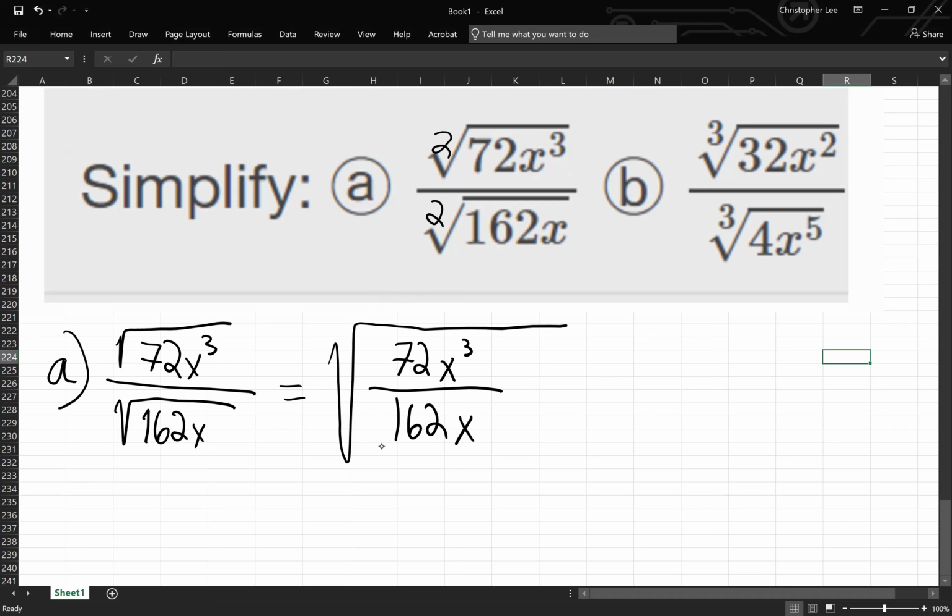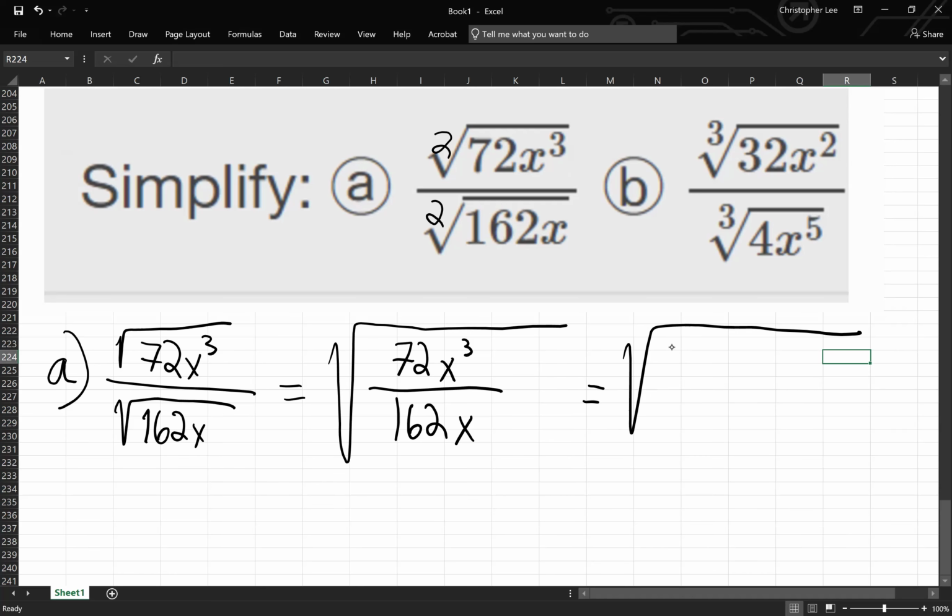162x. Now I can reduce this fraction on the inside and then do the radical. So let's do that. If I'm reducing this big radical, I have 72 divided by 162. It's another one of those situations where I'm just gonna cut it in half because that's just a little bit easier.